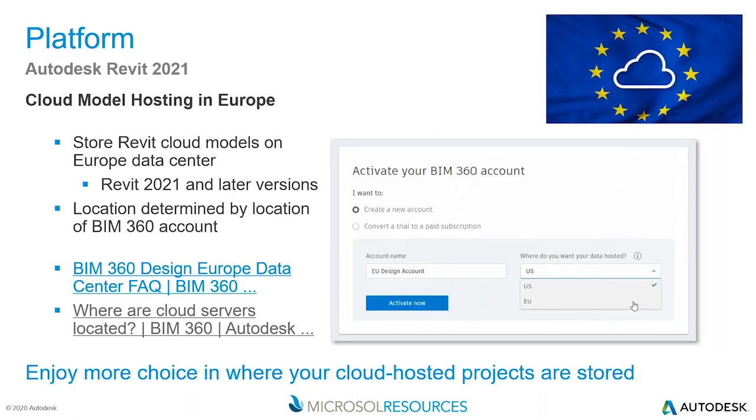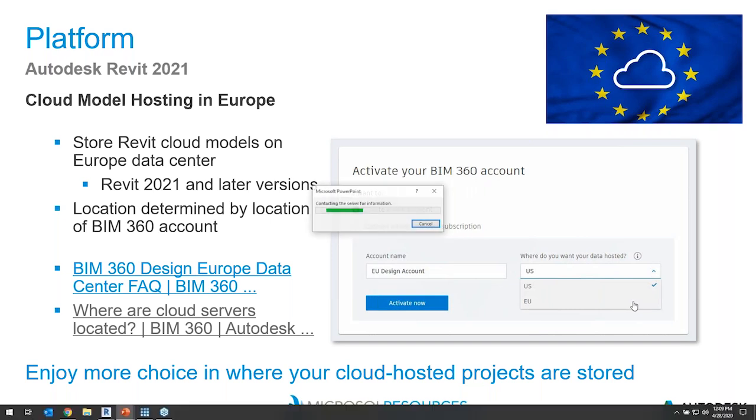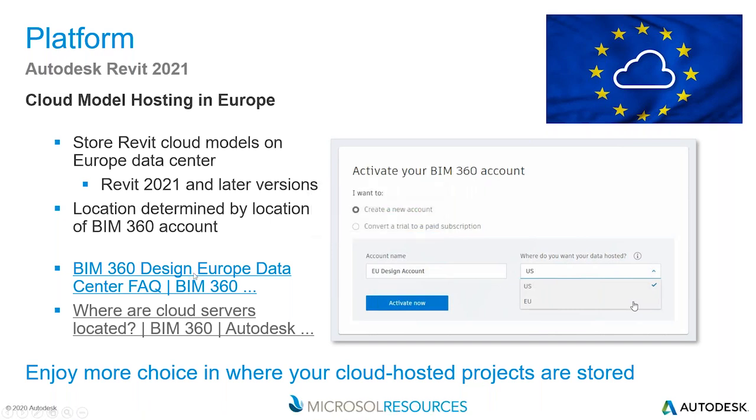More and more of our clients are using BIM 360, so Autodesk has expanded the data centers. We're using Amazon data centers, but now clients across the world are able to use data centers local to them. If you're interested in finding out more, I'm sure Annalise is going to share this presentation.